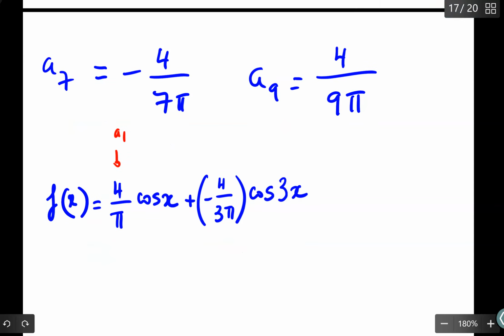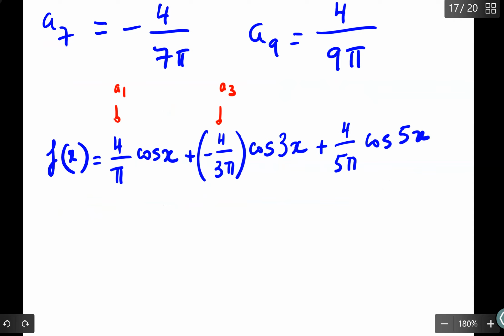This is my A3. Next you have A5, which I found to be 4 over 5 pi cos of 5x. This is my A5.